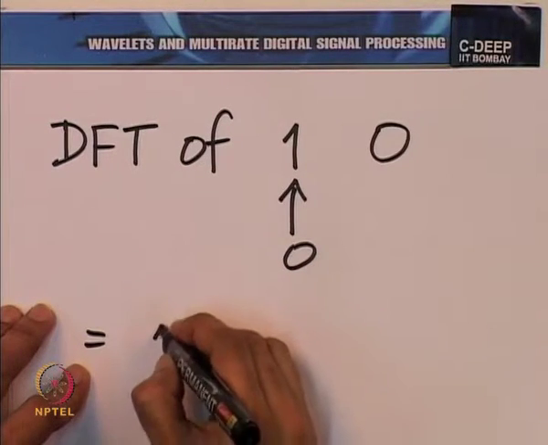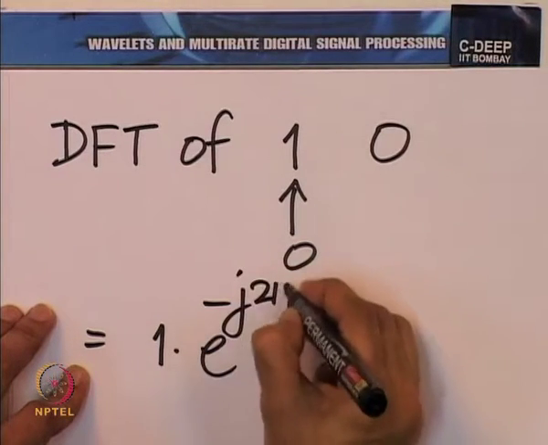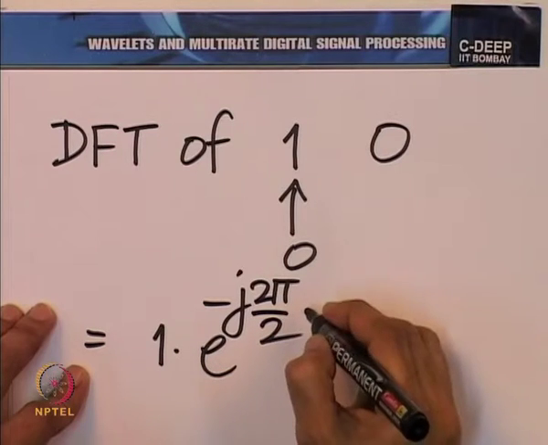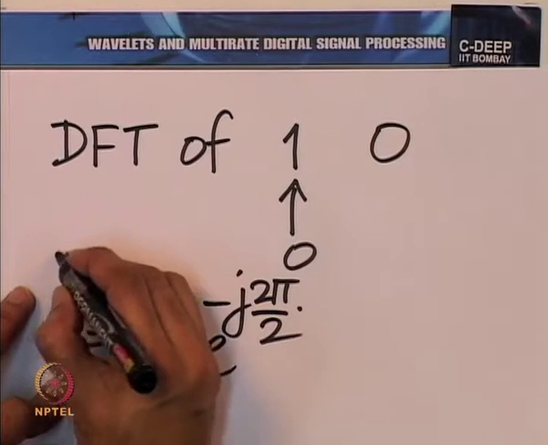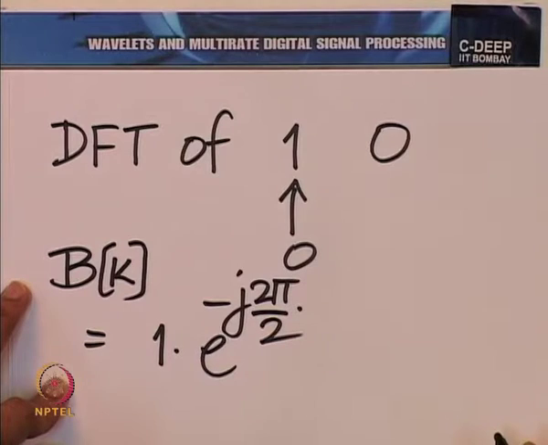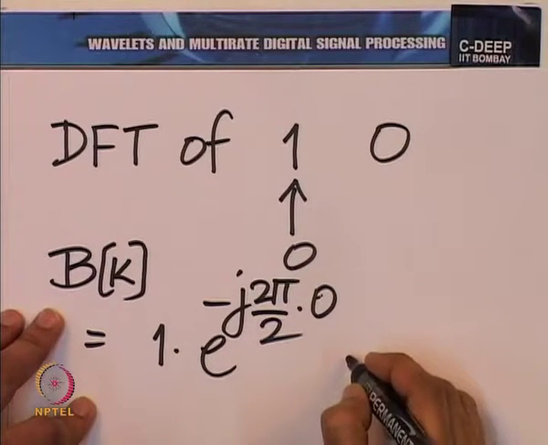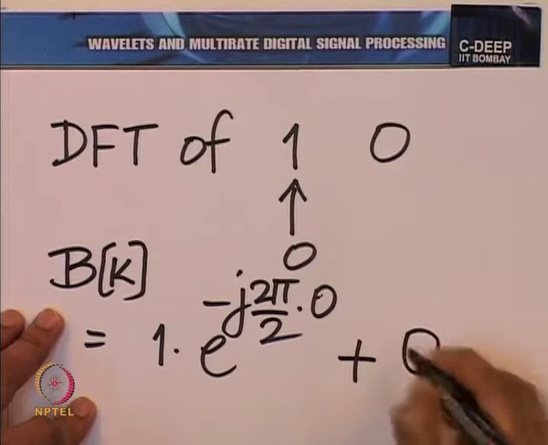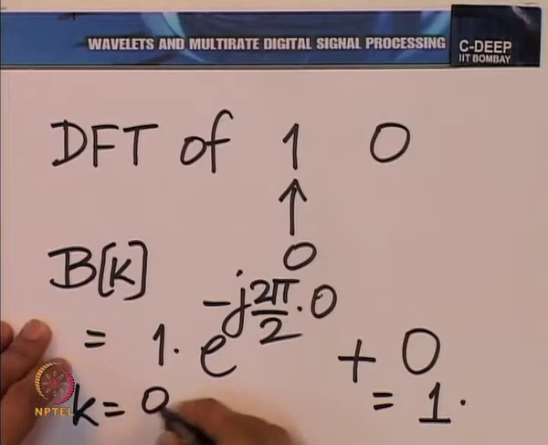It is 1 times e raised to the power minus j 2 pi by 2 times, of course, the discrete Fourier transform is a function of the frequency index k, so this is 0 times k plus 0. So, in fact, b of k is 1 for k equal to 0 and 1.